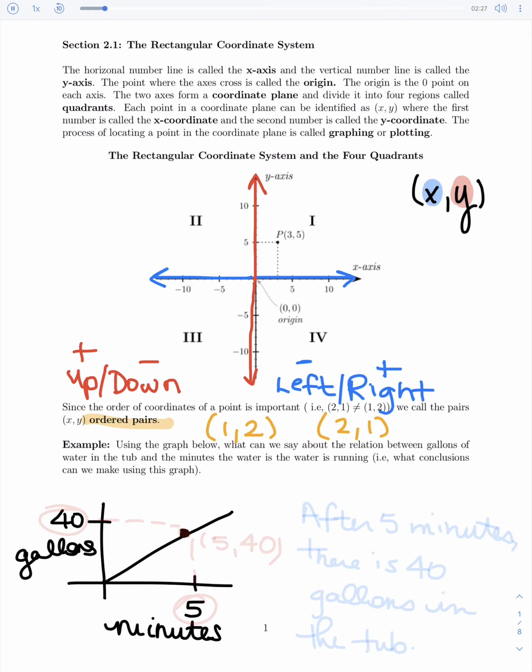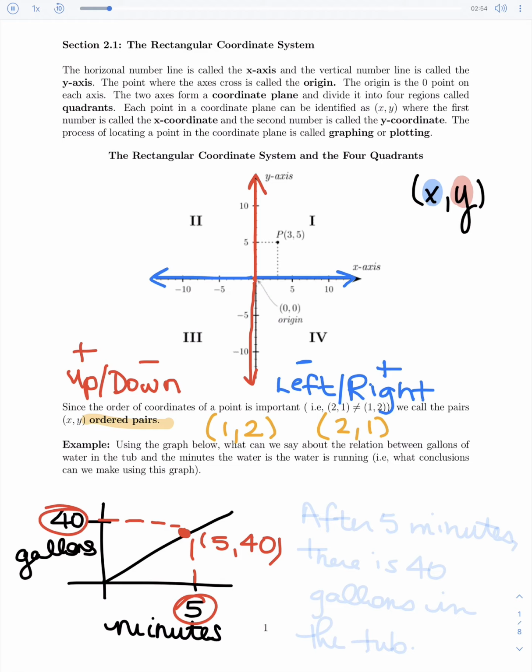The goal is to be able to read this point in context of the problem. To figure out what its values are, we need to carry it over to the left and down. It's not perfect, but close enough, we get the idea that this point is about (5, 40). Remember, we always go with the X first, then the Y second.